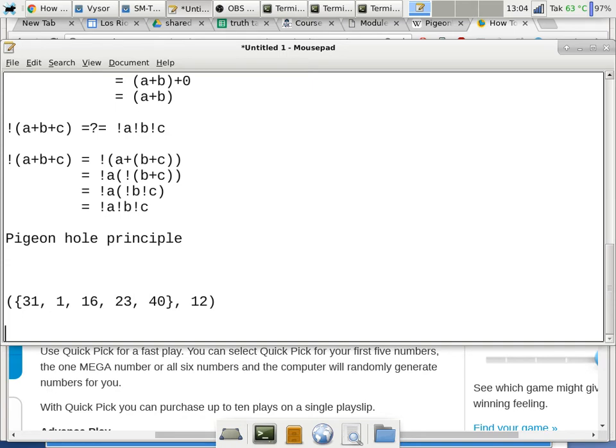Let's think about it. Let's not even worry about the mega number. I'm just asking you, if I have 47 numbers, how many ways can I choose a set of 5 out of those 47?